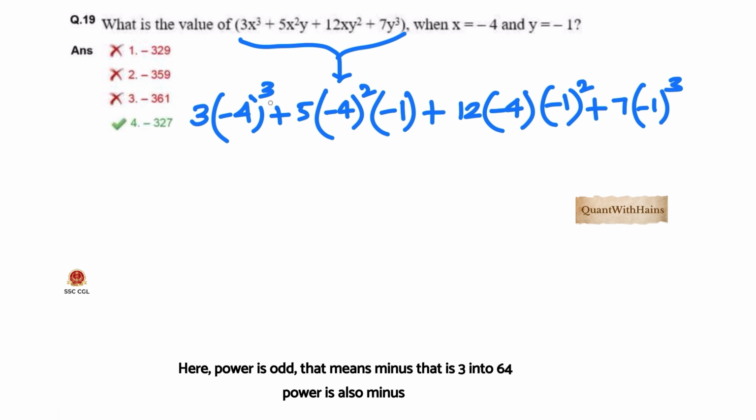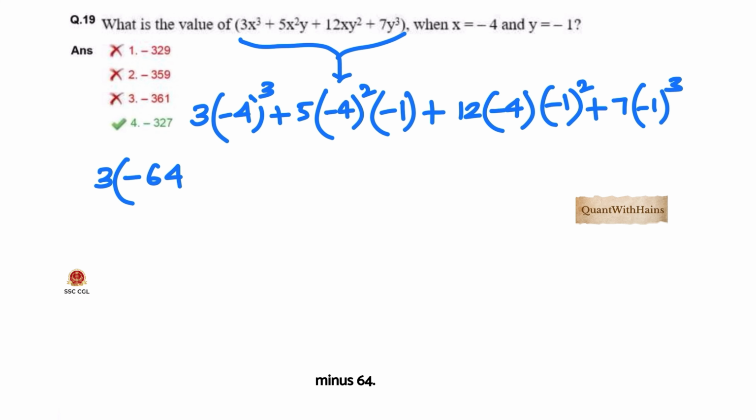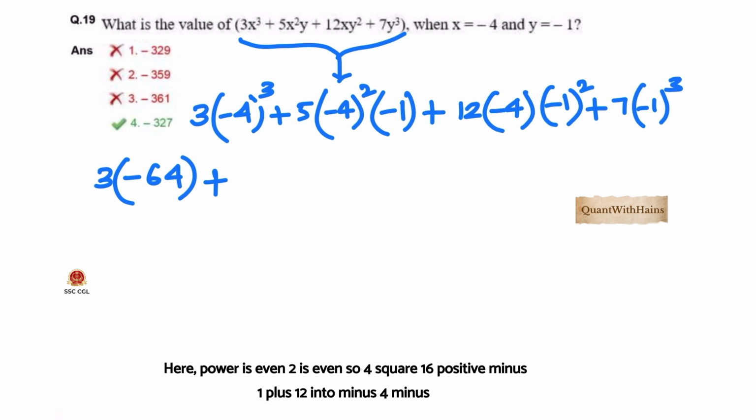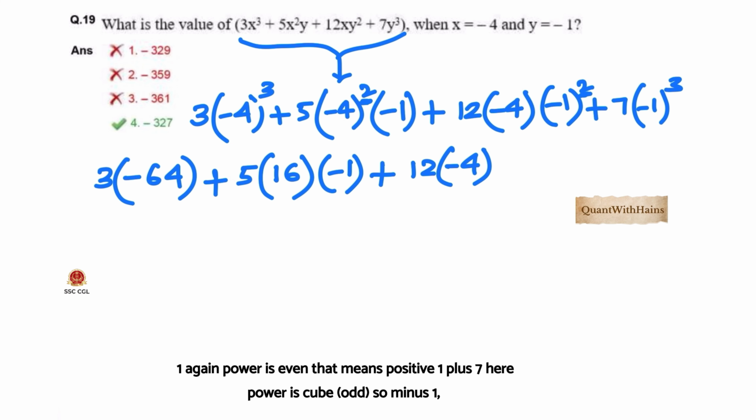Here power is odd, that means minus. 3 into 4 cube is 64, power is odd, so minus 64. Here power is even, 2 is even, so 4 square 16 positive, into -1. Plus 12 into -4, -1 again, power is even, that means positive 1.